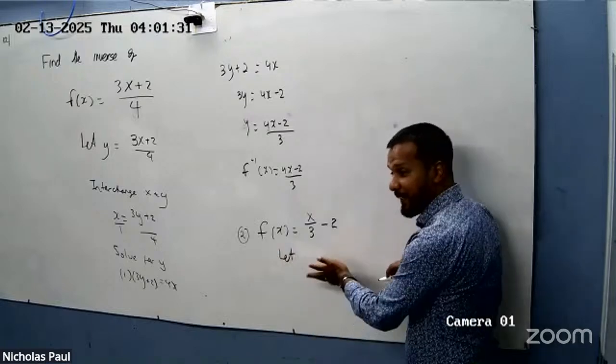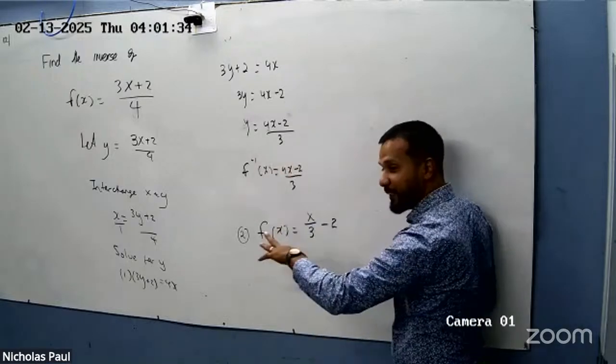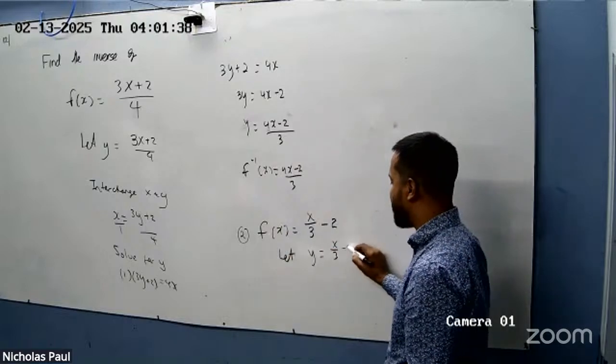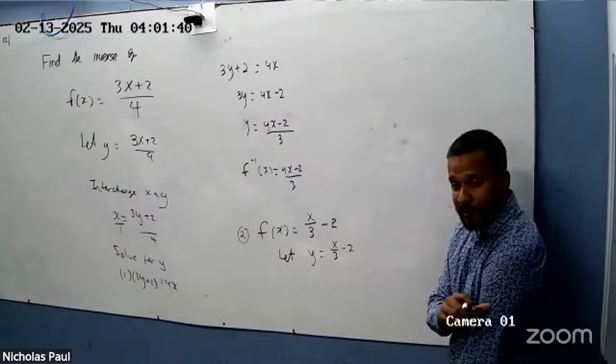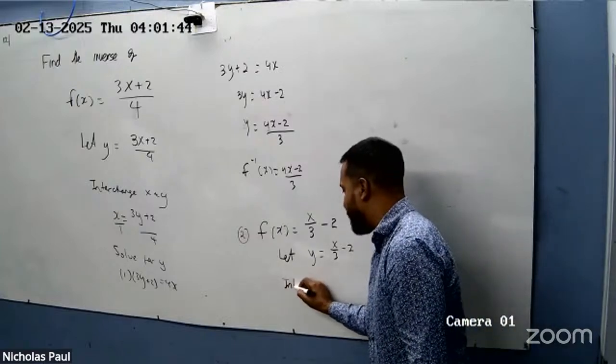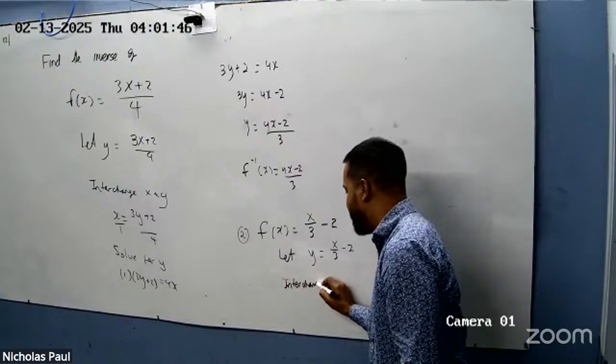I am writing everything. Someone is skipping out the words and things. Don't do that. Let y equal to x over 3 minus 2. Right? When you reach here now, next step is what? The next step is to interchange.